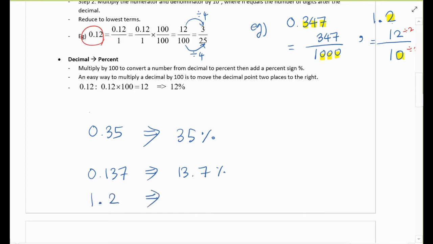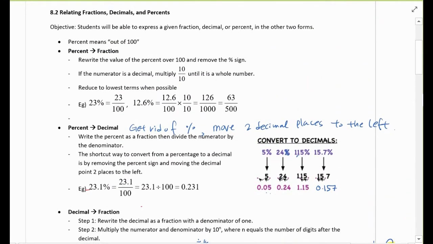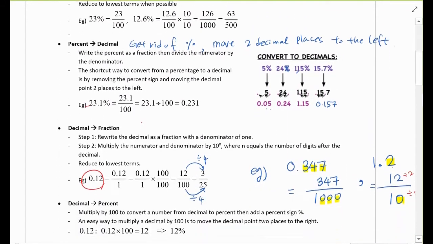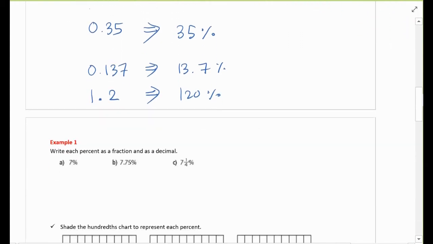What is this? 2 decimal places to the right, it becomes 120%. Right? So we learned how to change percent to fraction, percent to decimal, decimal to fraction, and decimal to percent. So you should be able to go back and forth. All right, everyone? And let's move on.